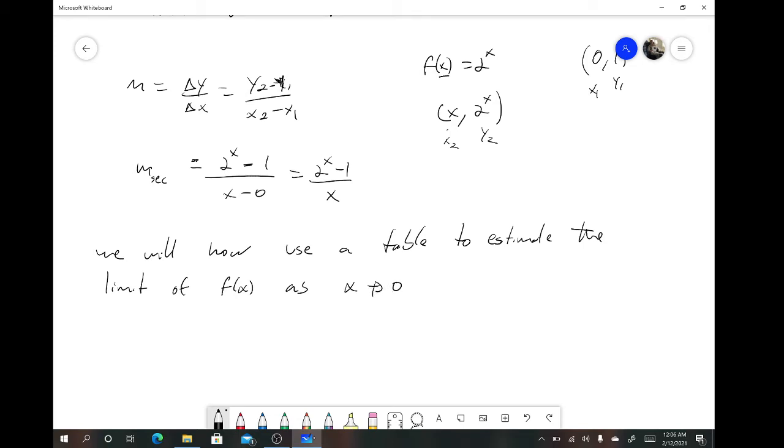Now, if you remember from what we did last time with the tables, we're going to pick small values that get smaller and smaller to get closer to 0.